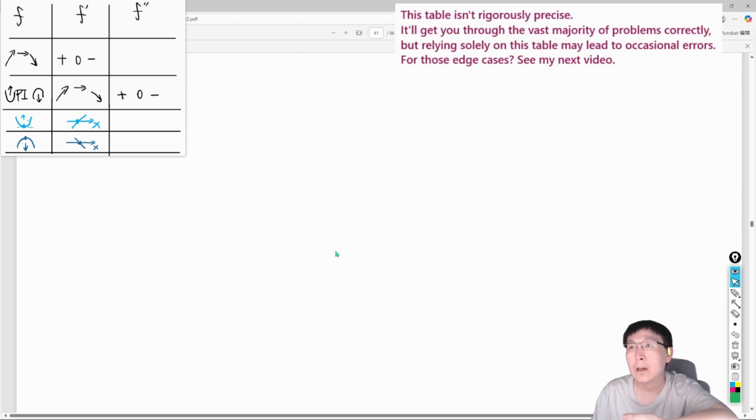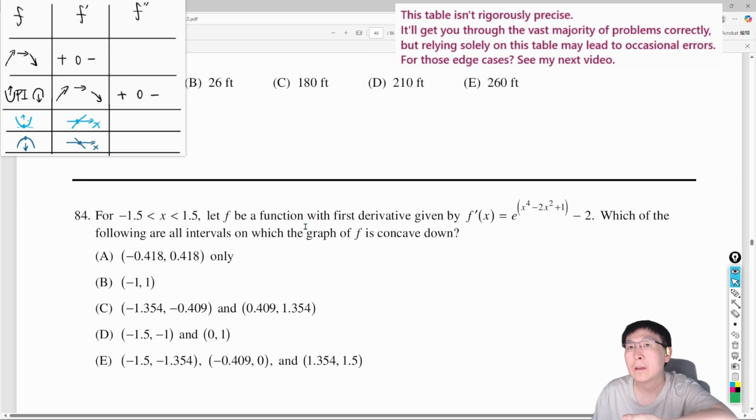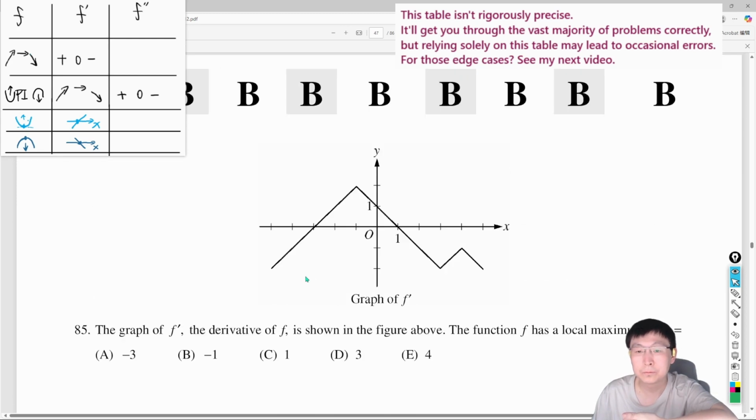Then question 85. In this question, we need to find the local maximum of f based on the graph of f prime.